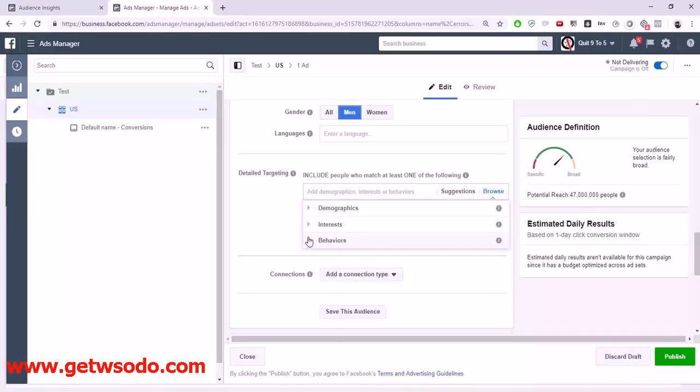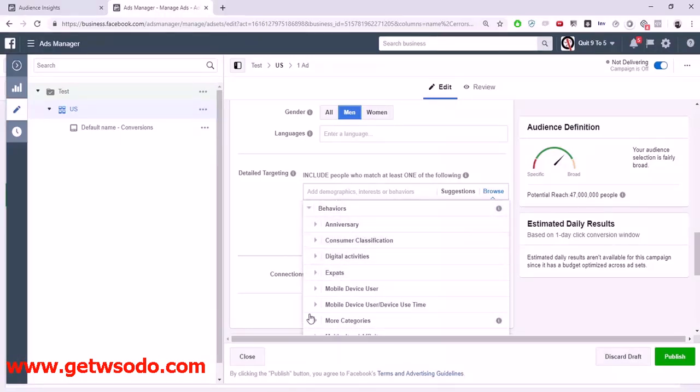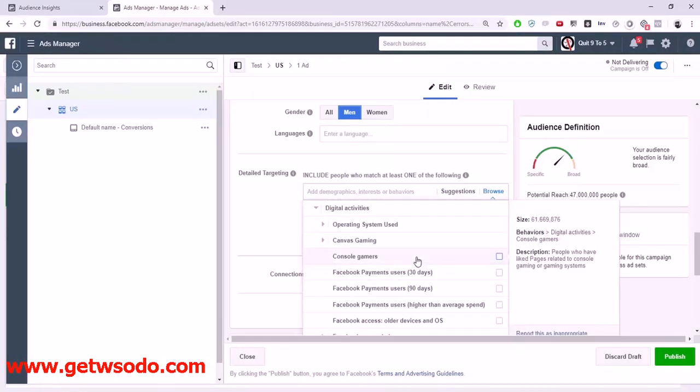Then there's behaviors. This is outside data. Facebook has collected this from other data sources. They buy this data from third-party companies and stuff like that. So they can see your digital activities. Console gamers, for example, 61 million people in the US have been considered console gamers because they have bought console games or whatever, and then Facebook buys this data and puts it on the platform.